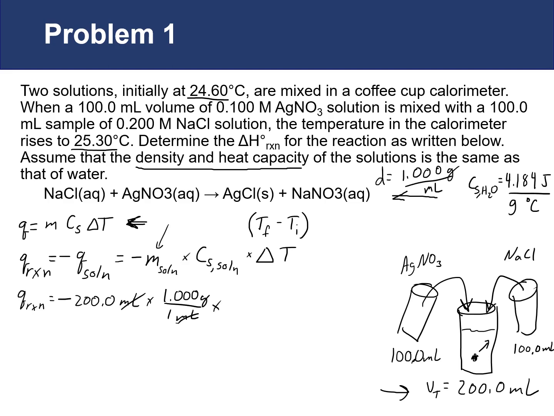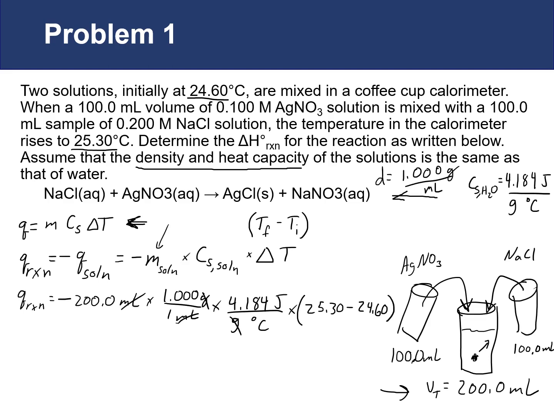Multiply this by the heat capacity, which is 4.184 joules per gram degrees Celsius. Our grams cancel out. And then if we multiply this by our change in temperature, which would be 25.30 minus 24.60.